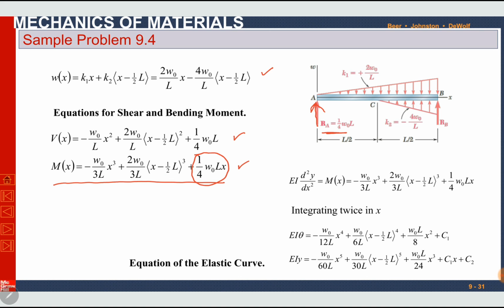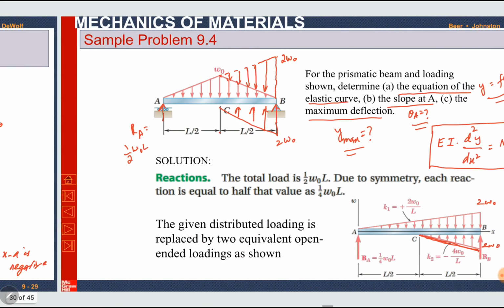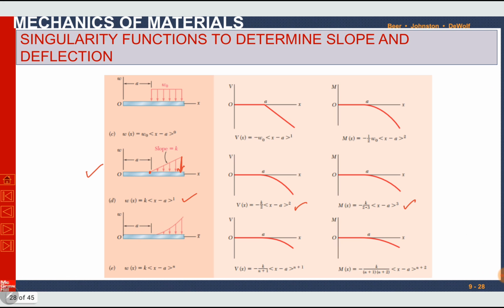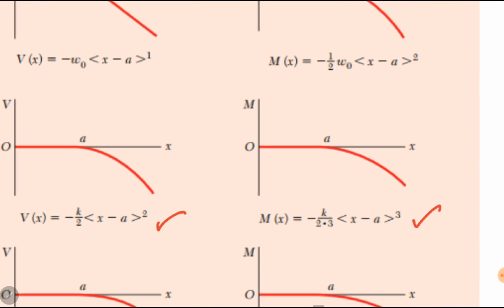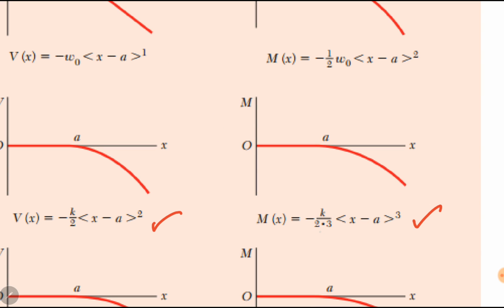then for this increasing slope we have this expression k divided by 6, 2 into 3 is 6, k divided by 6 into x minus a power 3.